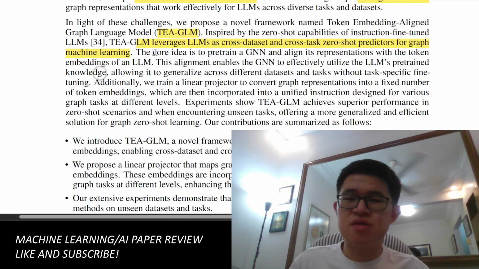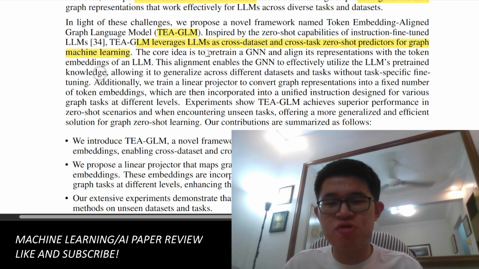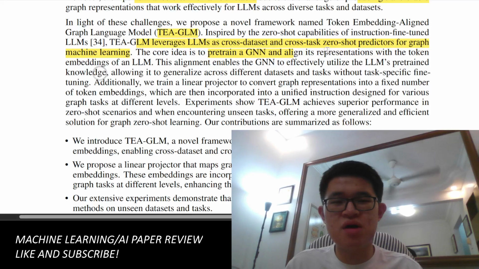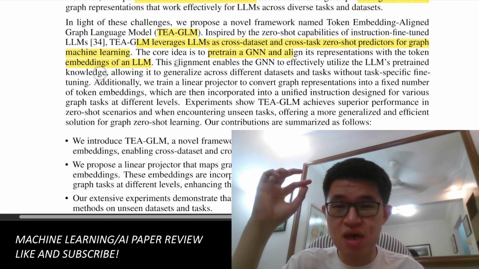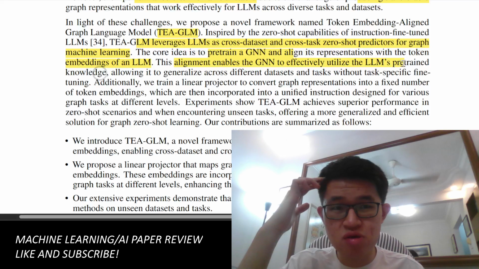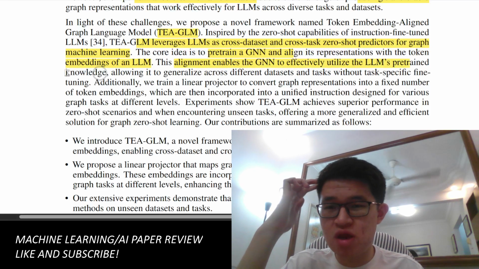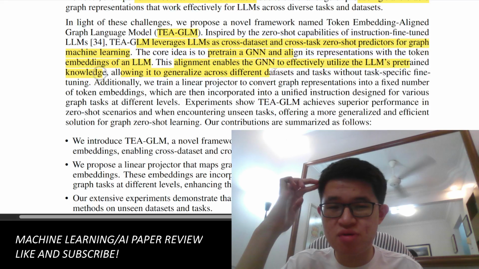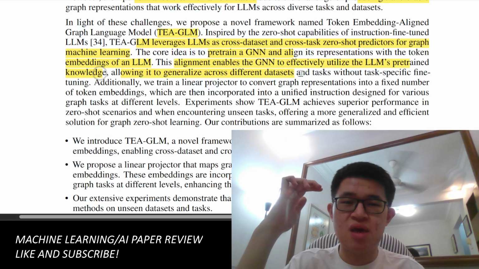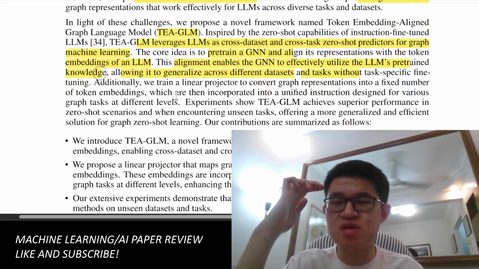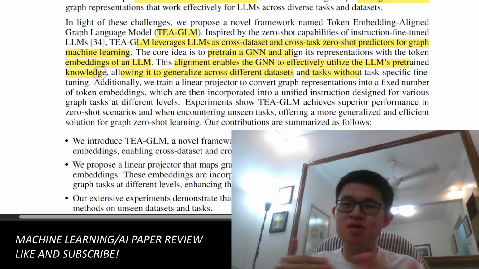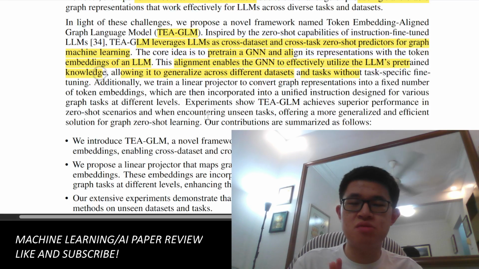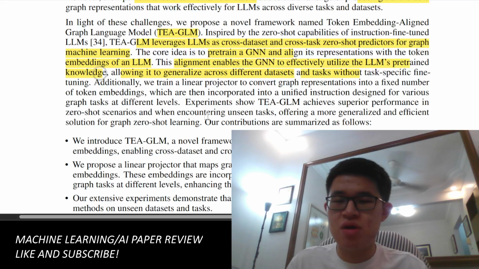The core idea is to pre-train a graph neural network, align its representations with the embeddings from the LLM, and this alignment allows the GNN to use the LLM's pre-trained knowledge and generalize across different datasets and tasks without fine-tuning. That's the selling point there. If you can align it properly, then it will generalize to a lot of different tasks.